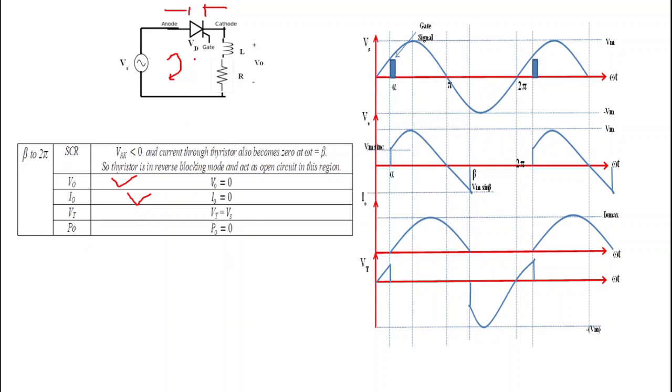When this thyristor acts as an open circuit, then the source voltage Vs will appear across this thyristor. That's why we get thyristor drop Vt equal to Vs, or we can say that this portion of waveform will appear across this thyristor. And what is output power P naught? As both V naught and I naught are equal to 0, output power is also equal to 0.